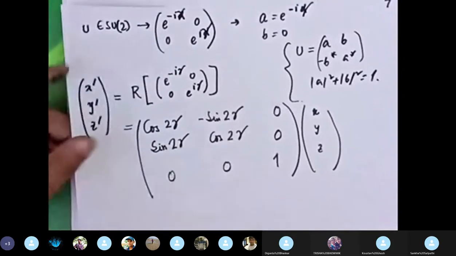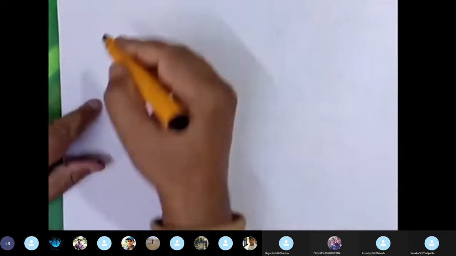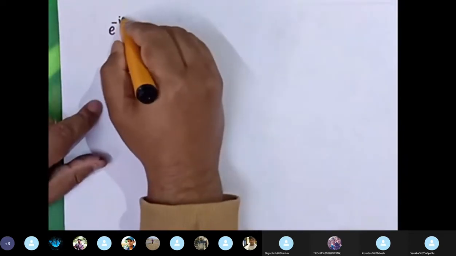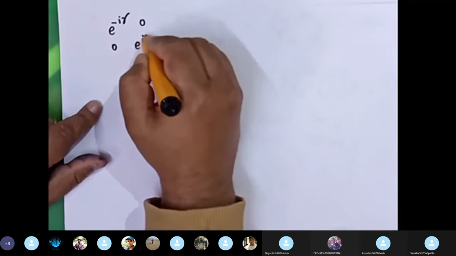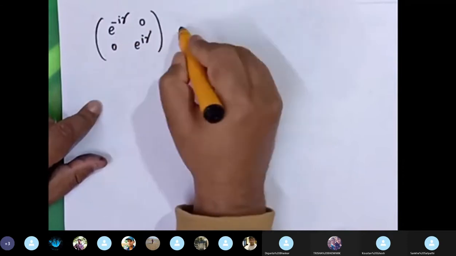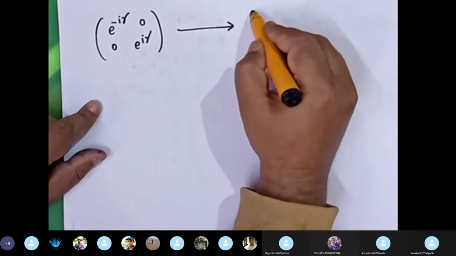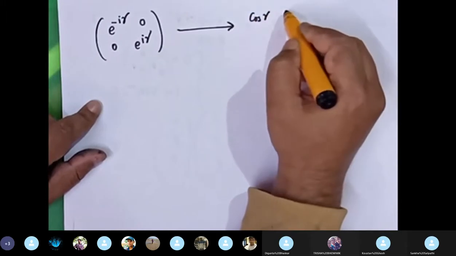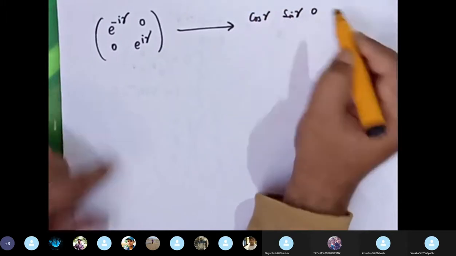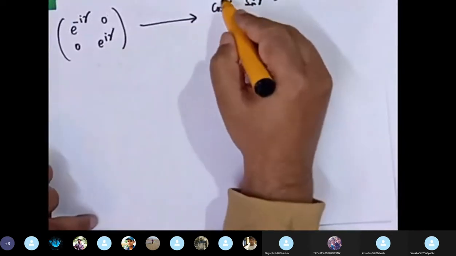So I get this thing: e to the power minus I delta, 0, 0, e to the power I delta. This is cos 2 gamma, sin 2 gamma, 0.